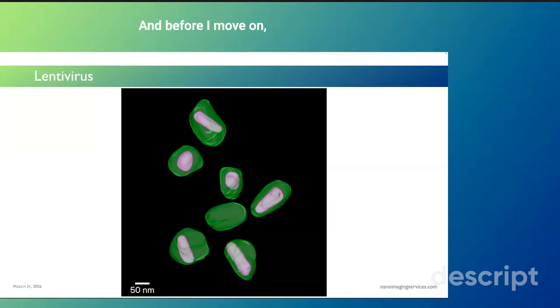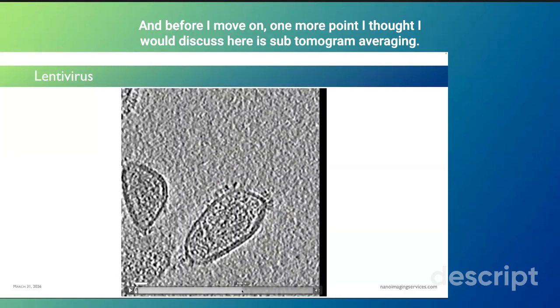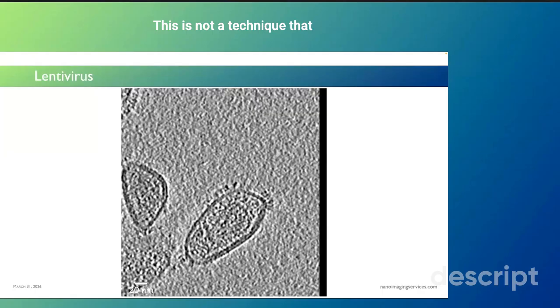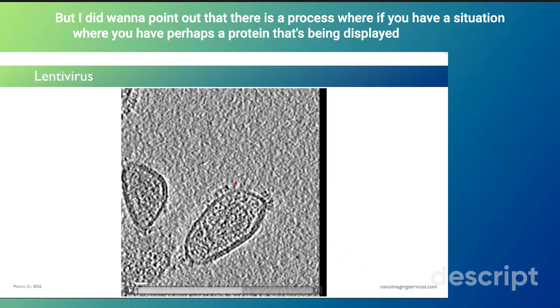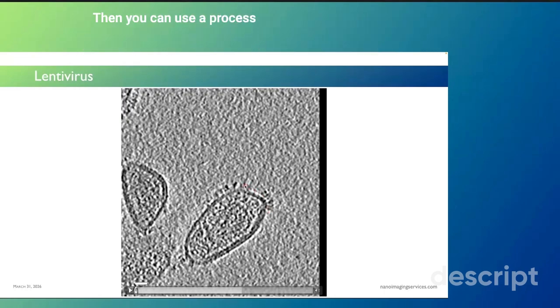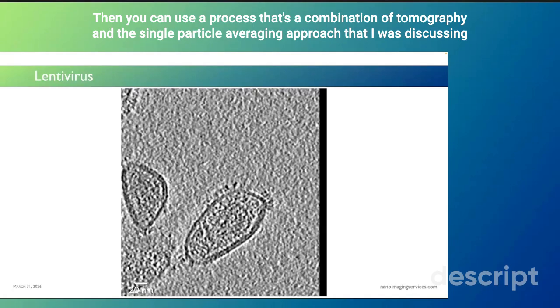Before I move on, one more point I thought I would discuss here is subtomogram averaging. Perhaps you've heard of this. This is not a technique that NIS has offered historically, and I'm not going to go into depth in this talk, but I did want to point out that if you have, perhaps, protein that's being displayed on the surface of a viral vector, for example, or maybe even an LNP, any kind of particle, then you can use a process that's a combination of tomography and the single particle averaging approach that I was discussing in the earlier slide, where we were looking at apoferritin.